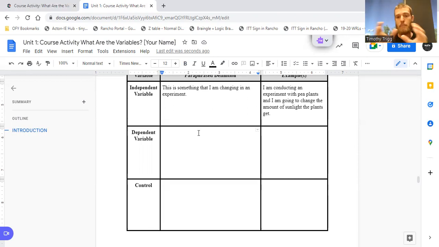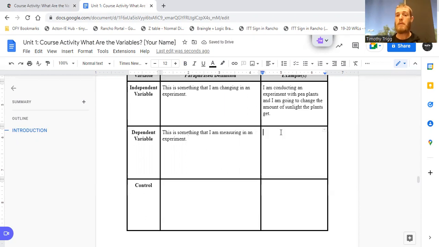I have some plants that get a lot of sunlight and some plants that don't get very much sunlight. That's an independent variable, something I am changing. But the dependent variable is something you're measuring in an experiment.